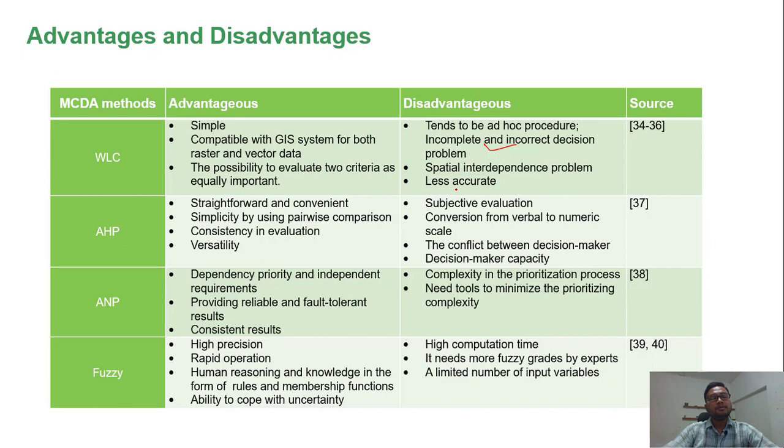Before we decide which is the best MCDA method for our research, we can refer to this information. AHP has advantages, for example providing reliable and fault-tolerant results, but the disadvantage is complexity in the prioritization process.